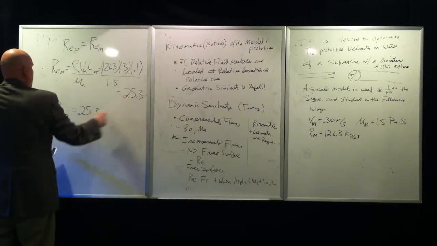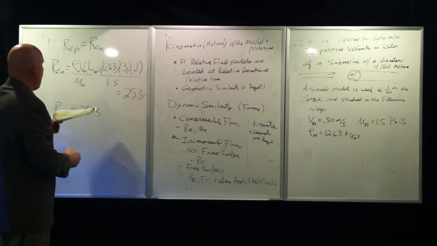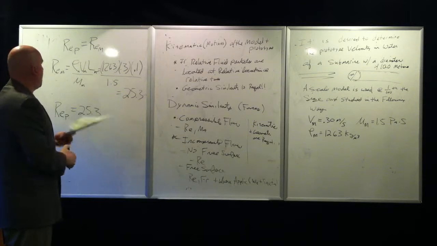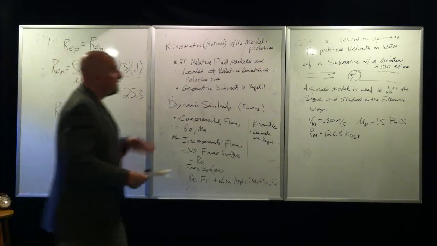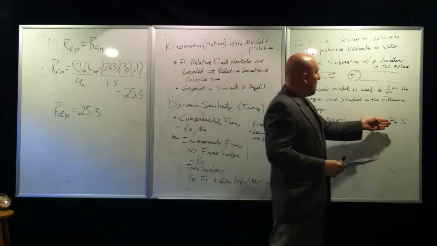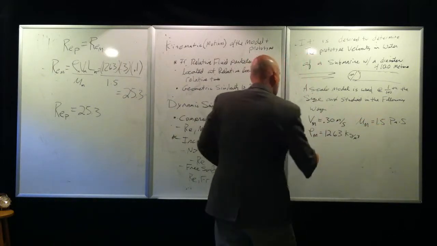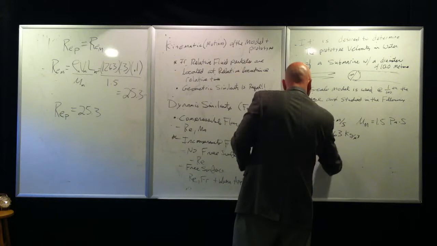So the model is 25.3, therefore the prototype, everything, when multiplied out for the prototype, has to be 25.3. So we gave you the conditions of the model for trying to find the velocity of the prototype.